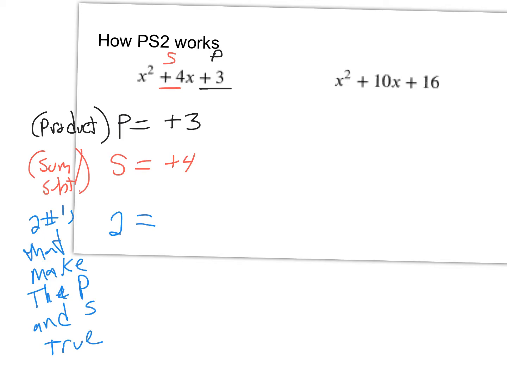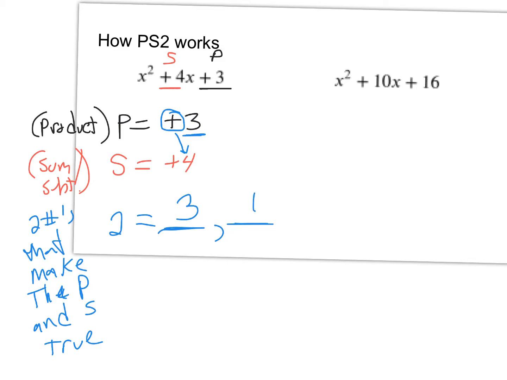What that means in English is you need two numbers that multiply to give you 3, but those same two numbers have to add in this case to give me 4. So we think about it: what two numbers multiply to 3 but add to 4? Well, 3 and 1 do the trick.